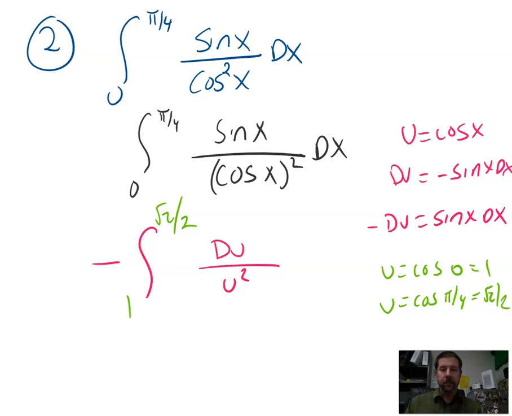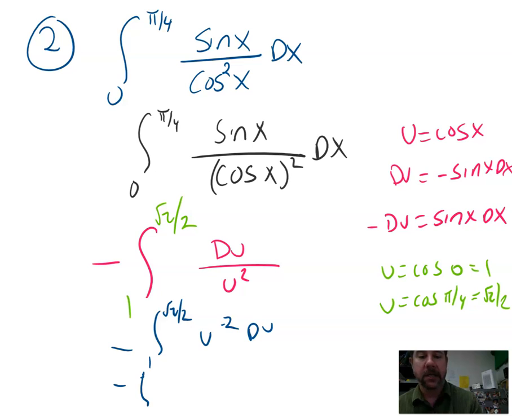Okay, now that I do this, again, this is really negative integral from 1 to root 2 over 2 of u to the negative second du. So negative times u to the negative 1 over negative 1, evaluated from 1 to root 2 over 2. Running out of room.